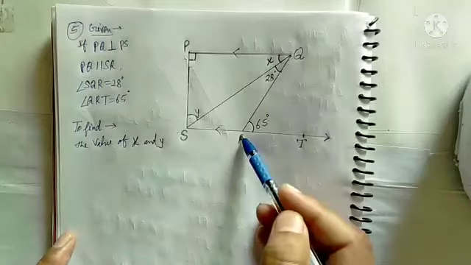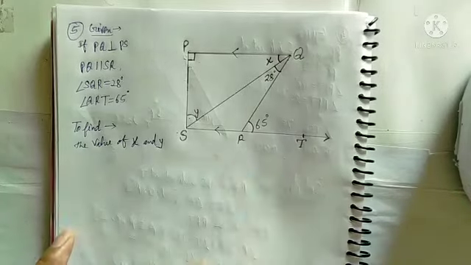You can see QSR is a triangle and 65 degrees is the exterior angle.